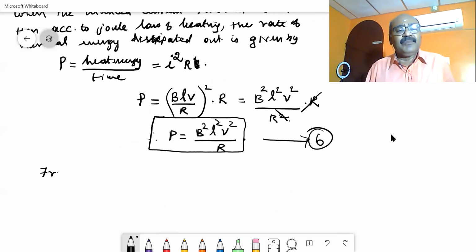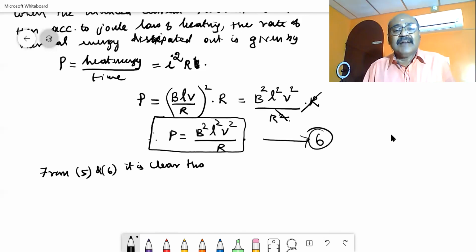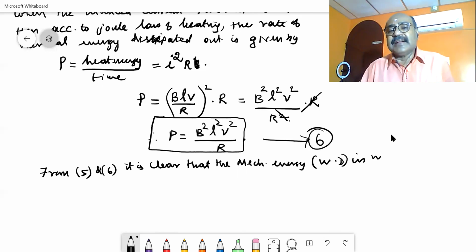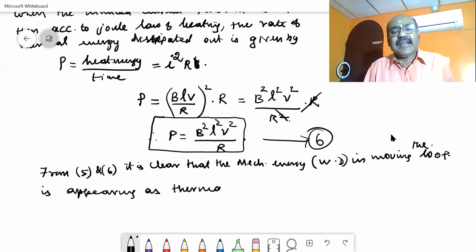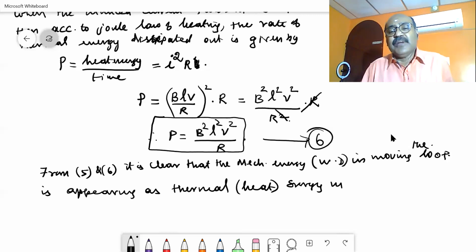From equation 5 and equation 6, it is clear that the mechanical energy, or work done in moving the loop, is appearing as thermal energy or heat energy in the loop, and both the equations are equal. Hence, energy is conserved.